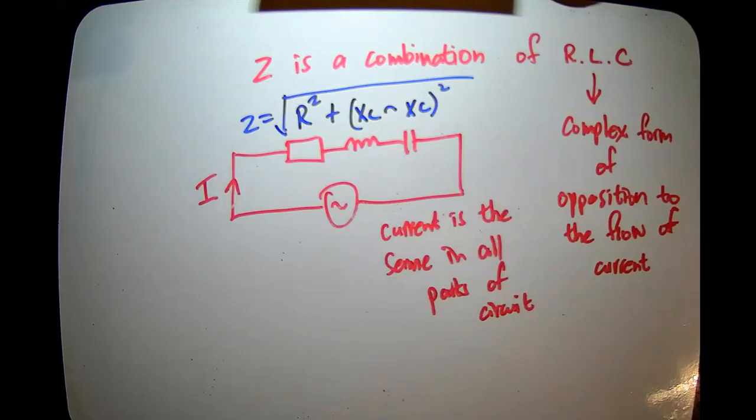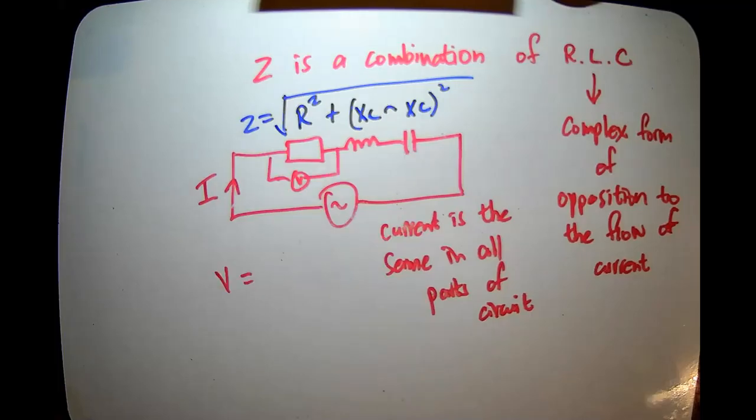This means the current that flows through R is called IR, the current that flows through XC is IXC, and the current that flows through L is IXL. You with me? And the current is the same in all parts of the circuit.